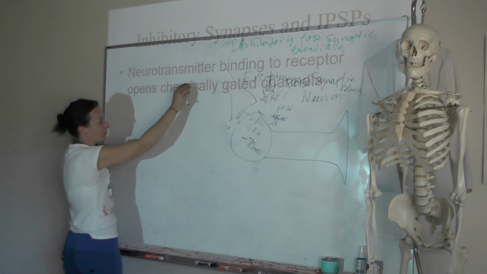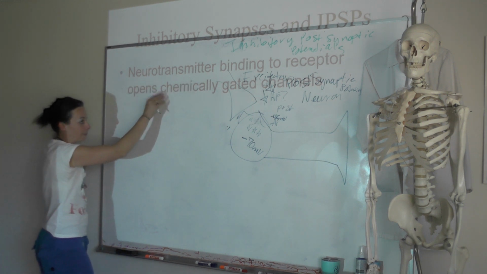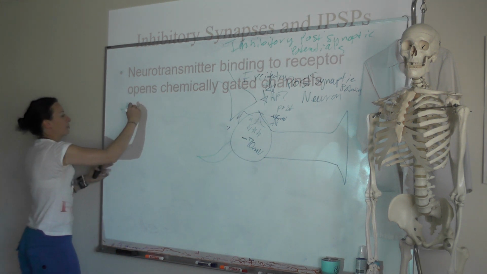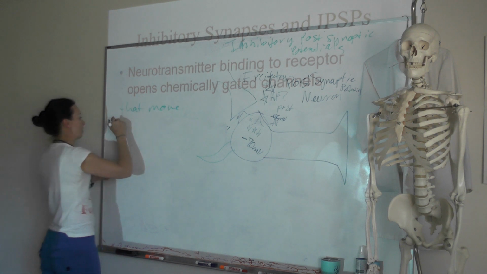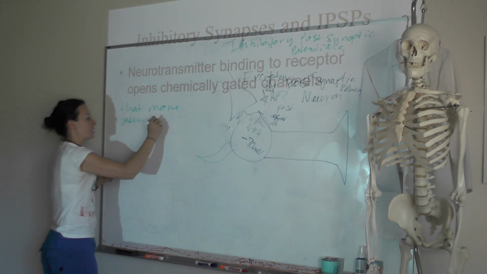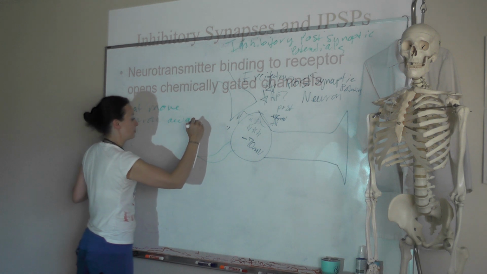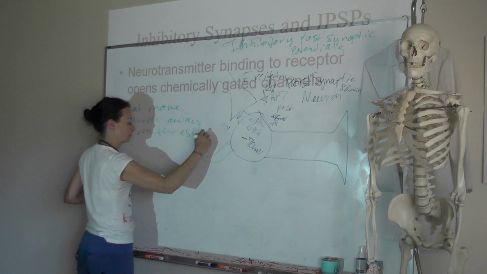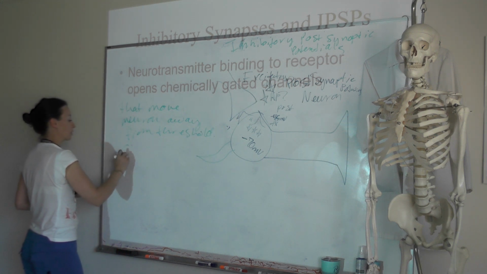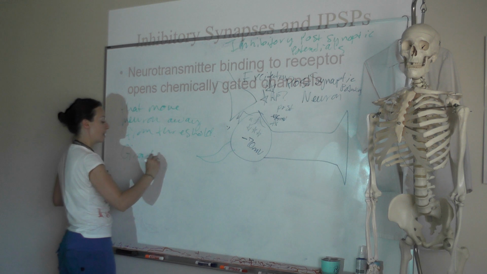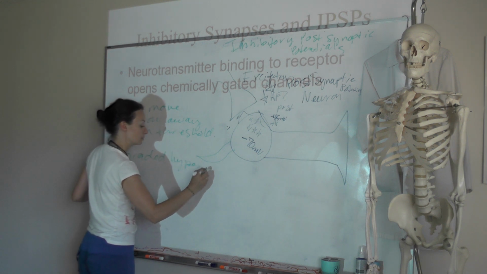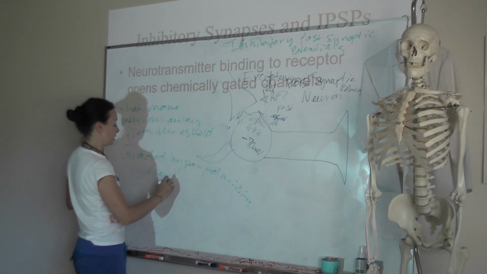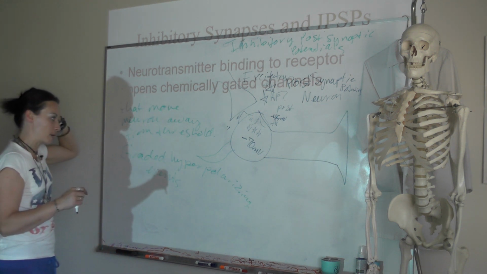So our neurotransmitter binding to a receptor is going to open chemically gated ion channels that move the postsynaptic neuron away from threshold. So these are graded hyperpolarizing events. And they're inhibitory because they move you away from threshold.